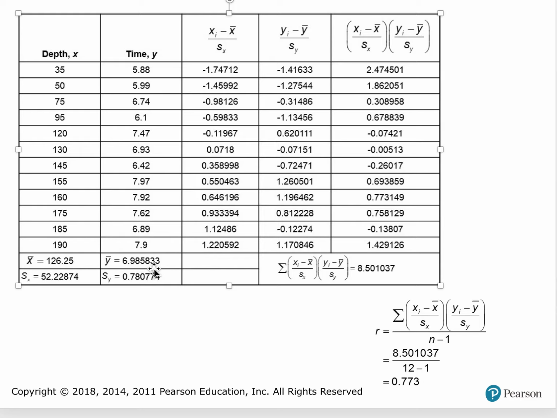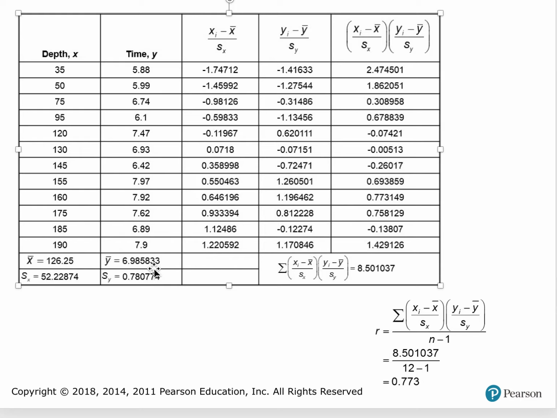Scroll down until you see DiagnosticOn. Hit that, hit it again. And then once you have your diagnostics on, you can go back to stat and over to calc, sorry, not test, calculate, and select number 4.